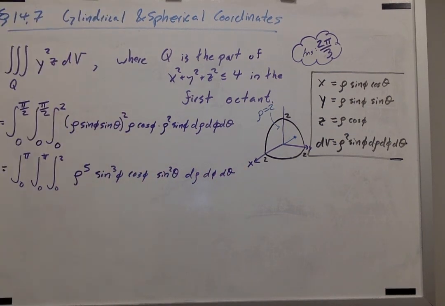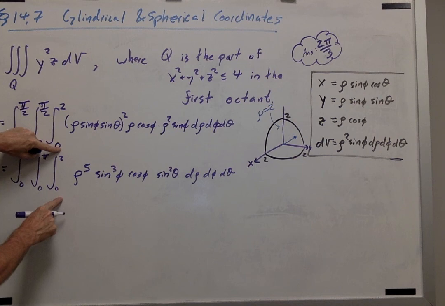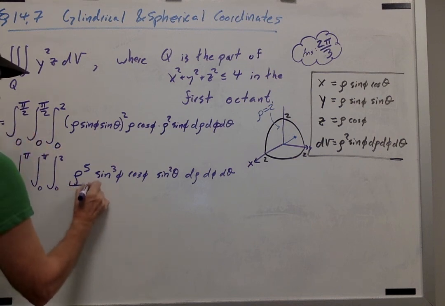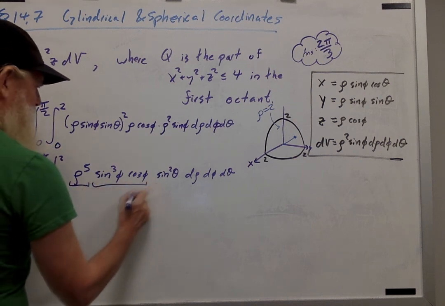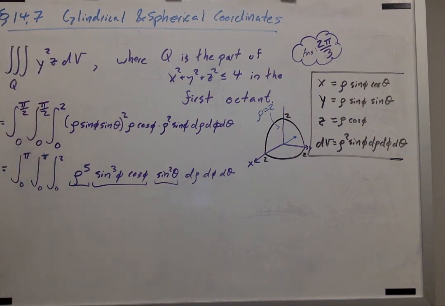Let's make sure that everything's accounted for. So notice that, like in the previous example, all 6 bounds are constants, and the integrand is the product of a function of rho, a function of phi, and a function of theta.